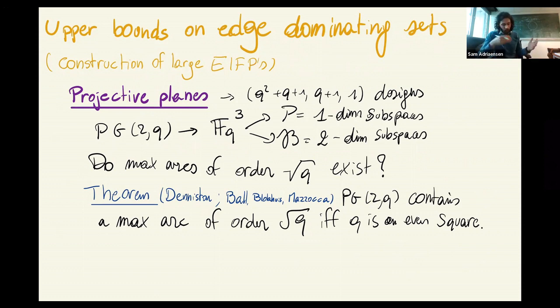And also we know what the edge dominating sets of minimal size look like. The only possible way you can construct them is by starting from a maximal arc of order root q, taking this arc and its dual arc, removing it from your incidence graph, and then making a perfect matching in the graph that's left over.